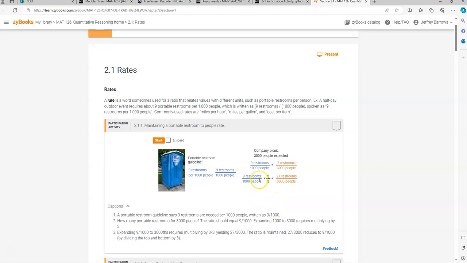Just as a quick point, I'm trying to highlight the division line here. When you see that, especially in a rate application, that line tells you we're talking about 9 restrooms per 1,000 people. So that line is effectively being used to represent the word per.